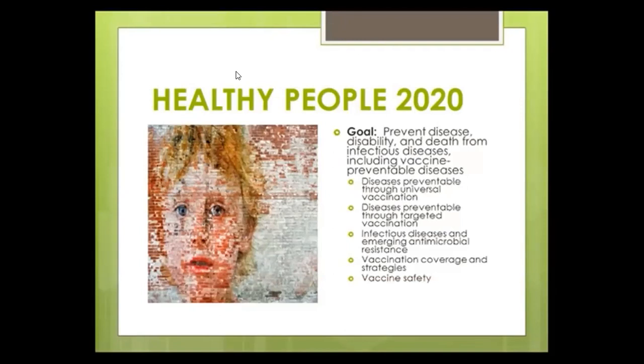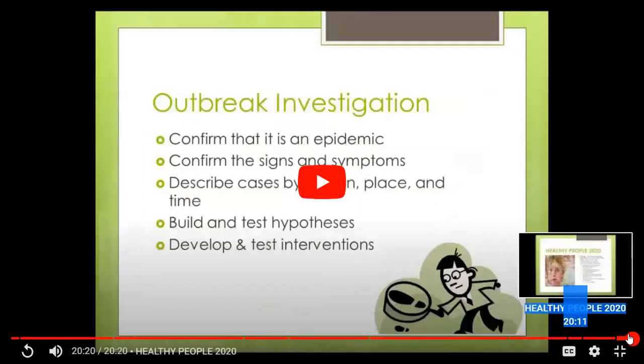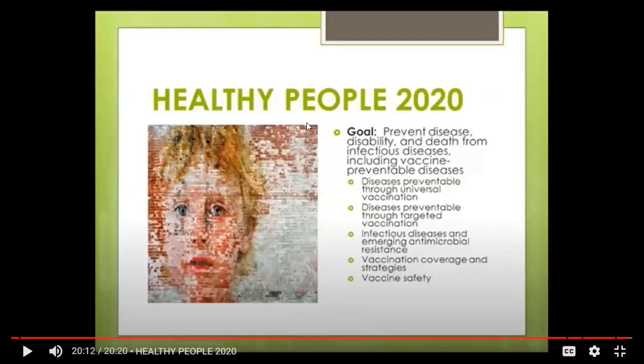Okay, but here it is important to know the Healthy People 2020 goal: to prevent disease, disabilities, and death from infectious diseases, including vaccine-preventable disease control.